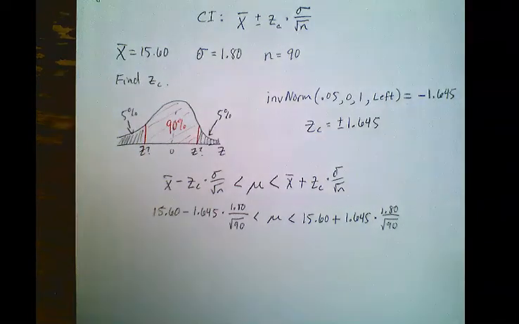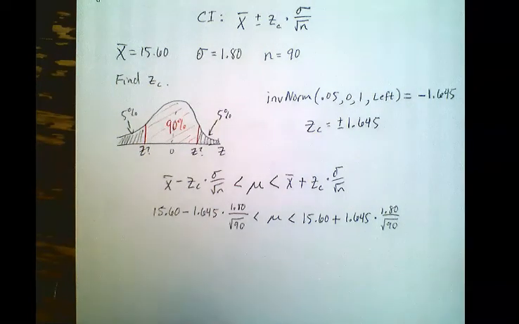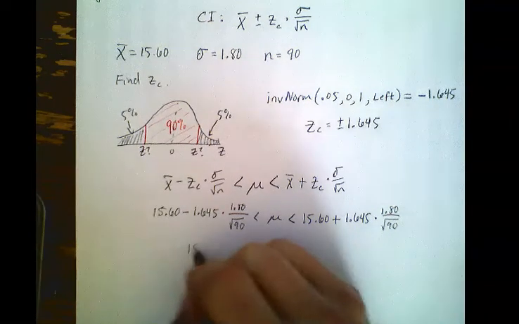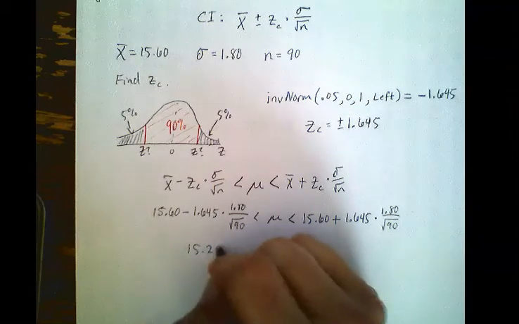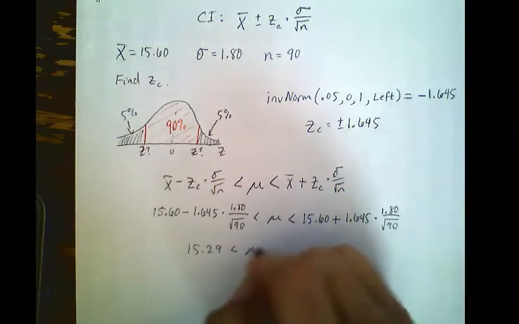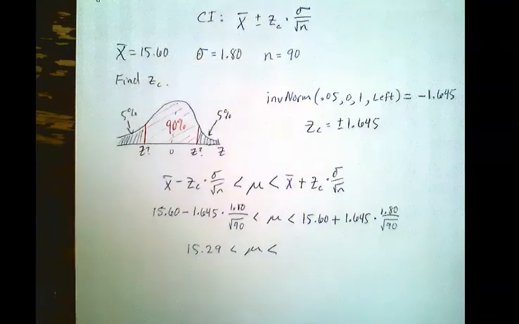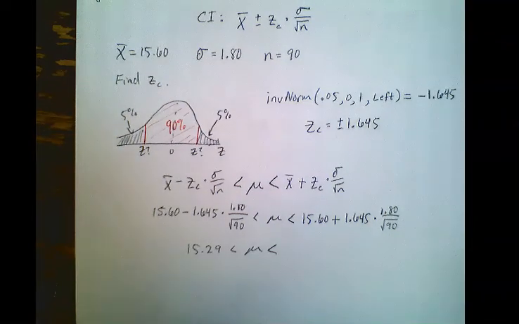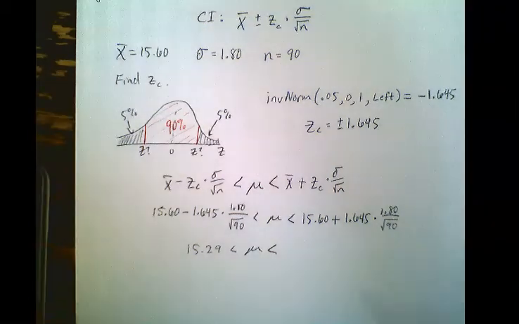All right, all that is left to do is just to calculate those values. 15.6 minus, getting 15.29 and 15.91.